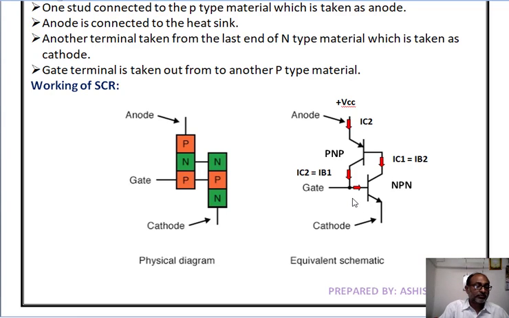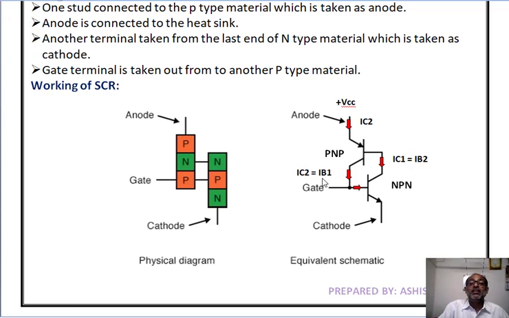Now when the proper gate voltage is applied between the gate and cathode terminals, the gate current IB1 passes through transistor T1. Due to this gate current IB1, the collector current IC1 flows through transistor T1.